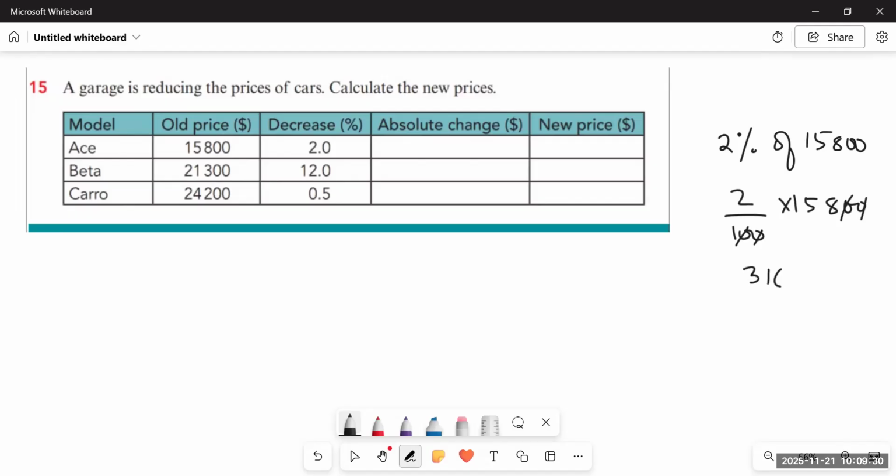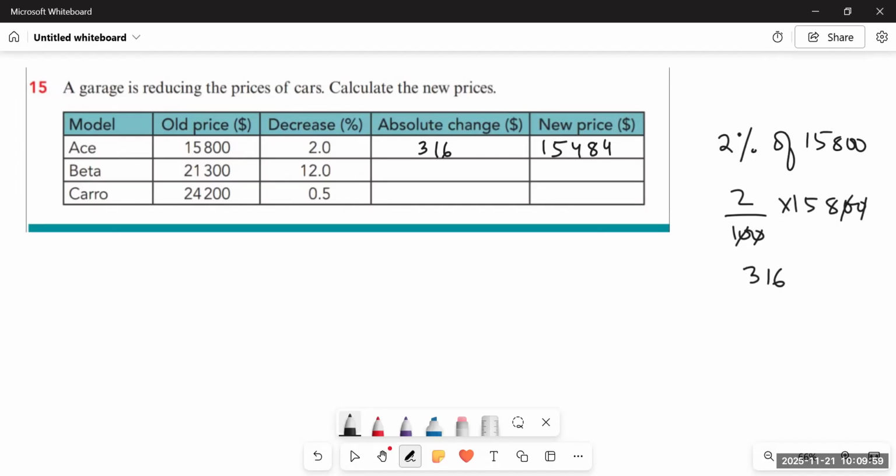It means the price will reduce by $316. And after the reduction, the price would be 15,800 minus 316. So the new price would be $15,484, right?